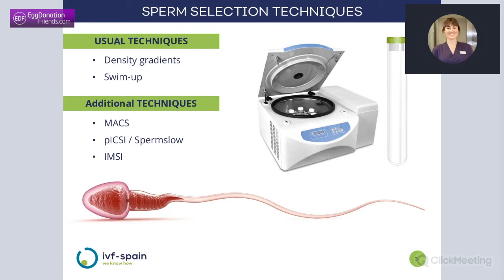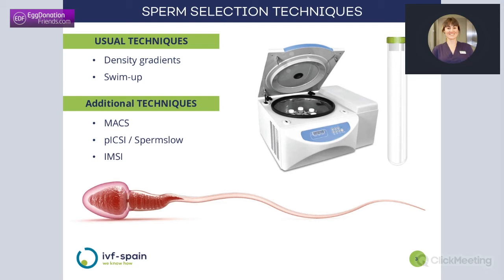In any case, another technique that we can use to overcome some molecular problems, so to extra select the sperm cells, looking at some molecular characteristics, is PICSI or Sperm Slow, which is basically the same principle, these two techniques. They are based on the fact that mature sperm cells will be able to bind to hyaluronic acid.